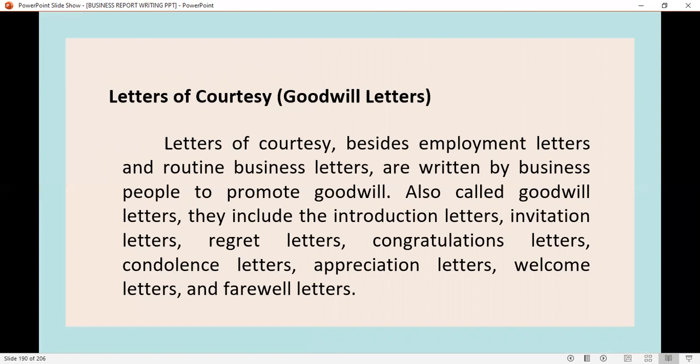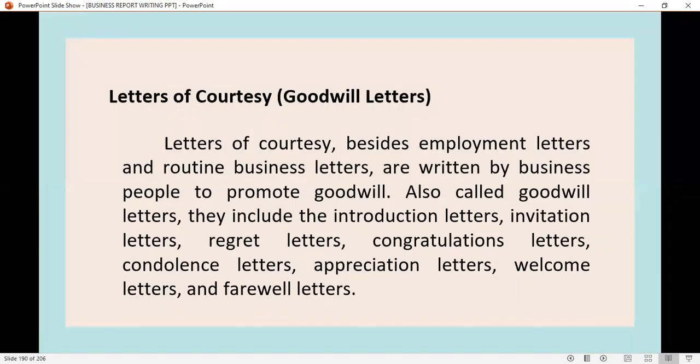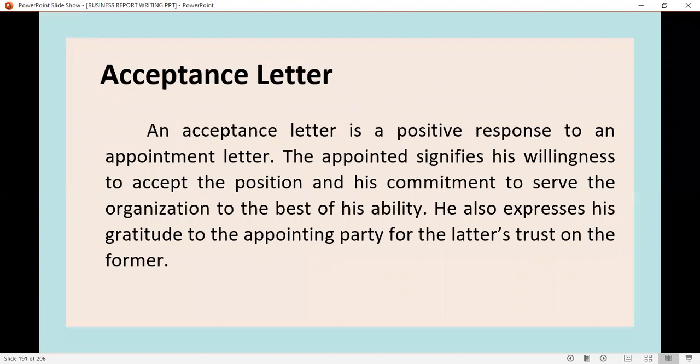Welcome letters, for example, the freshly hired or new hired employees, and then farewell letters, saying goodbye to, maybe, colleagues, to co-workers. Those are courtesy letters.